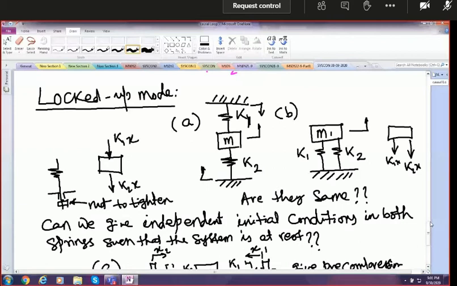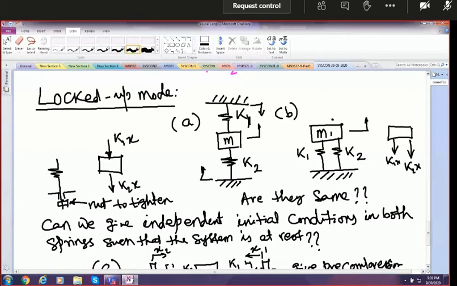So this kind of configuration is called a locked up mode. In this locked up mode, we can in fact replace it by a single spring. That's no problem. This is good. But this one we could not replace by a single spring.